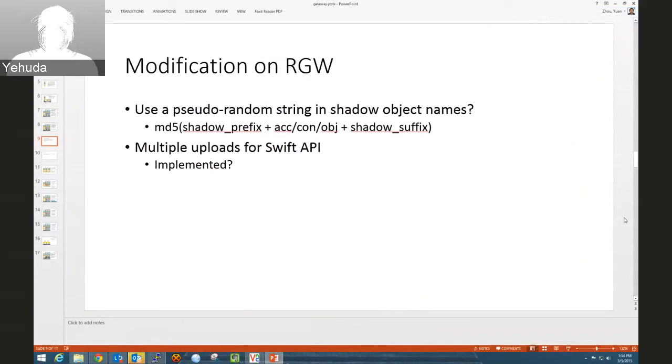It can be, I don't know, the job ID or something like that. So is there an existing way to do this in the current Rados gateway? No, you need to modify. Oh, okay. So we need some modification here. At the moment, it just creates a random string.